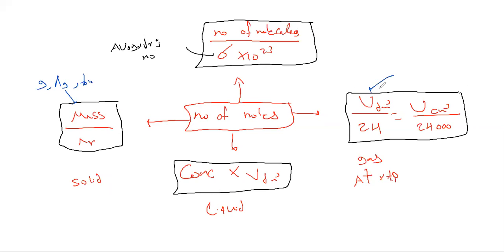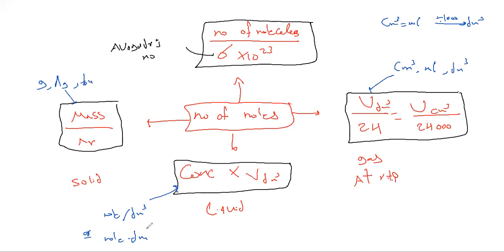For volume, you will find centimeter cubed, milliliter, decimeter cubed. And centimeter cubed equals milliliter, over 1000 to be decimeter cubed. For concentration, you'll find it mole per decimeter cubed or mole multiplied decimeter power -3. These are the units.